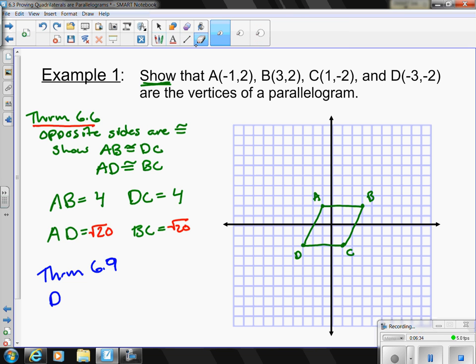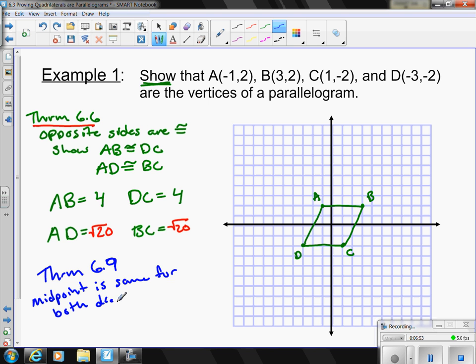To show that the diagonals bisect each other, we are going to show that the midpoint is the same for both diagonals. Midpoint formula: you average your coordinates.